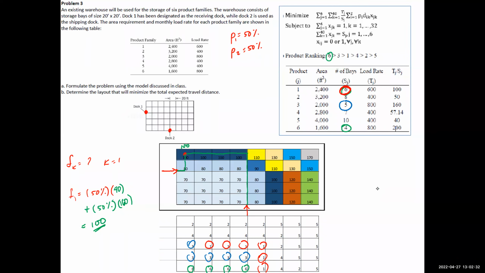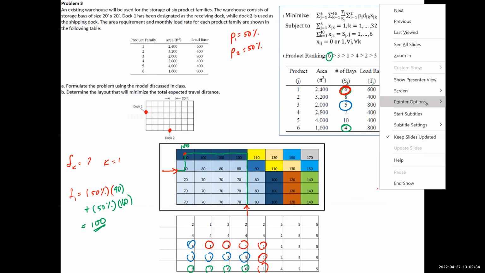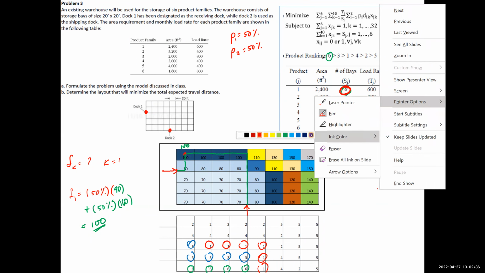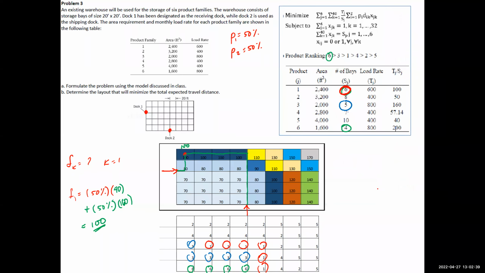Then 4 requires 7. So I'm going to use these 80s. 1, 2, 4. Then I take the 90 and I need to use 200s, which are these 2.